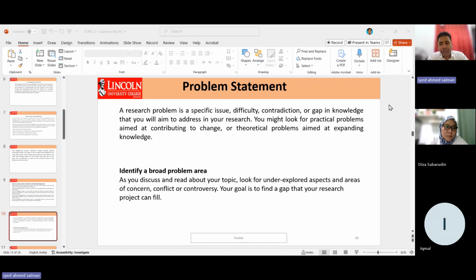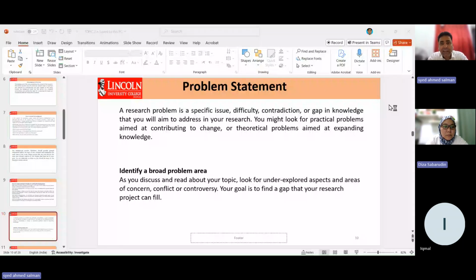If you are facing any difficulty in your organization, for example an HR issue, meaning that you have to provide the solution, right? It is called practical problem. If you are expanding the knowledge, if you are contributing to the research, it is called theoretical problem. So I hope you will be able to differentiate between practical problem and theoretical problem.